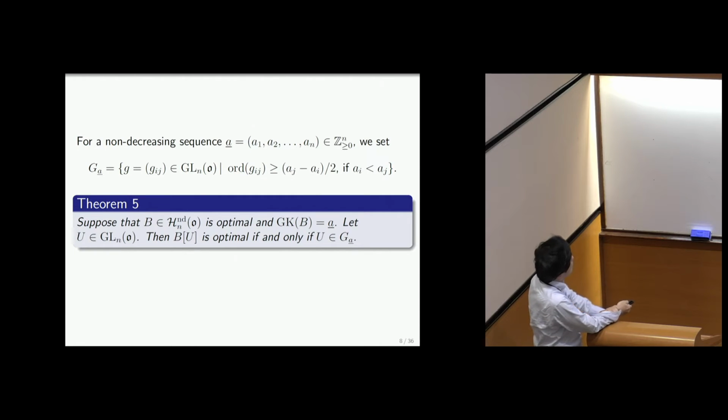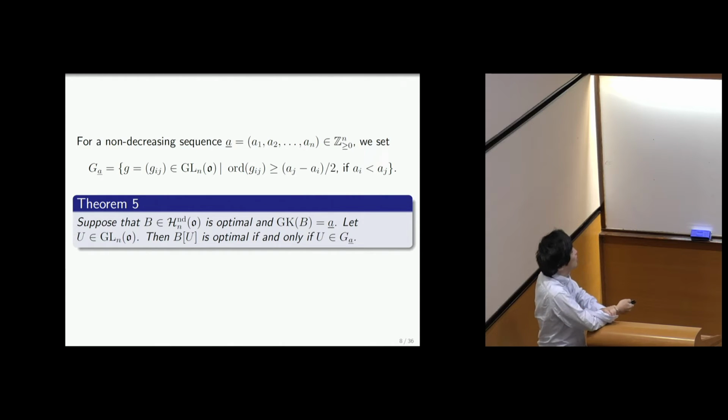For a non-decreasing sequence a, we set G_a as the set of unimodular matrices (g_ij) such that the order of g_ij is greater than or equal to (a_j - a_i)/2 if a_i is smaller than a_j.